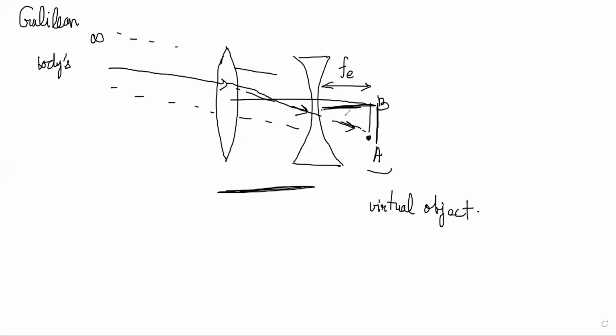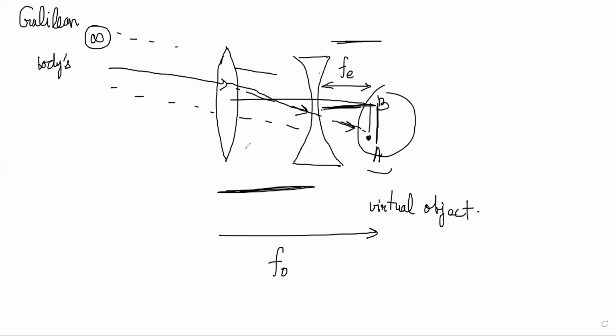Then these rays will not reach here and will diverge, and finally the image will be at infinity. So this is the object for the concave lens. Keep this in mind: this is your FO, this is your FE. This is the arrangement.